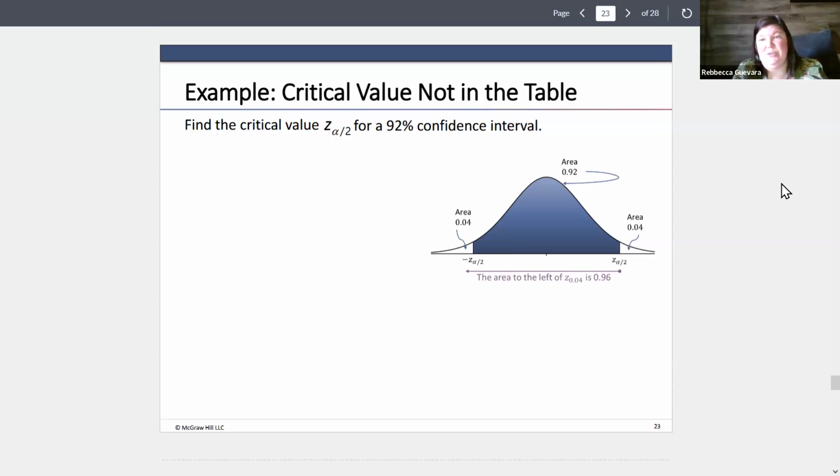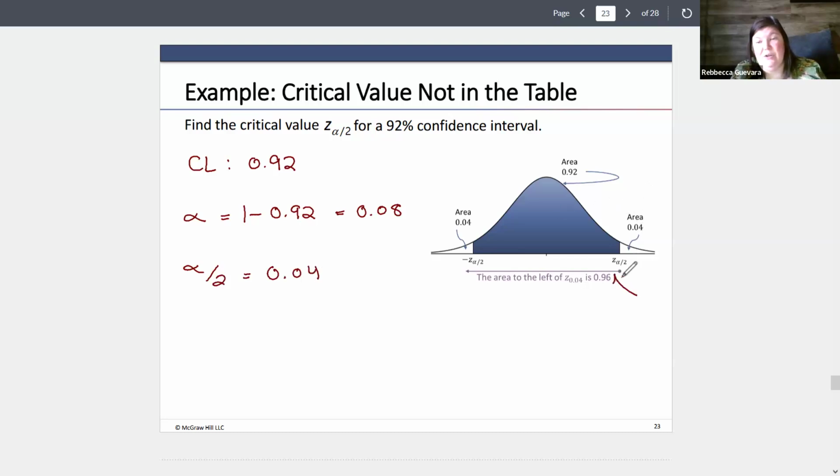So first thing I need to do is just talk about these areas. If my confidence level is 92% or 0.92, then alpha is 1 minus 0.92, which is going to be 0.08. So there's 8% left over. So in the tails, alpha divided by 2 is 0.04.